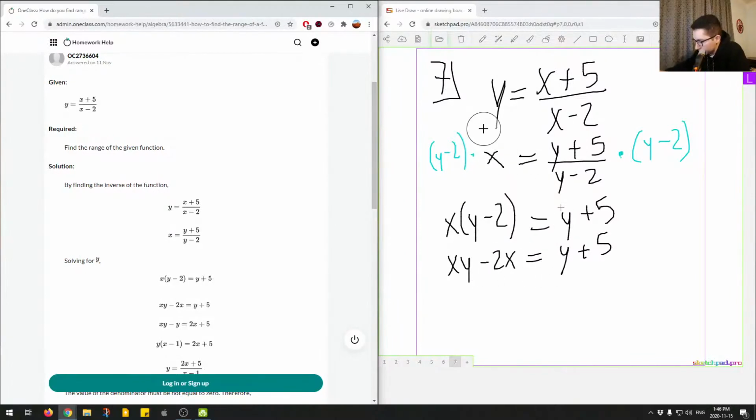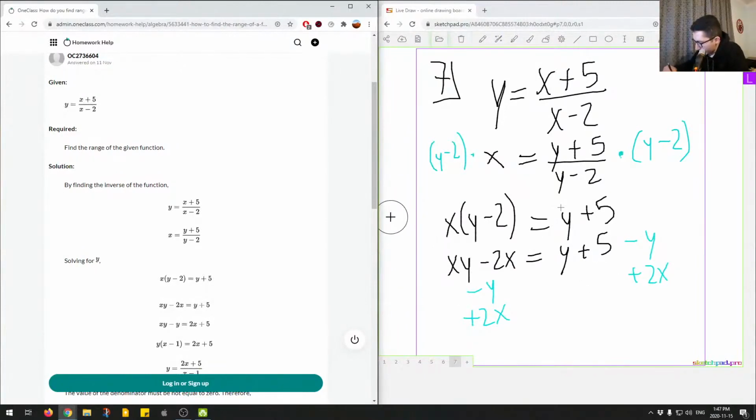So minus y on both sides, and plus 2x on both sides. We're still at the same equation because we're doing the same to the left side and right side. That doesn't change the equation. We're just trying to eliminate some terms and make sure the y's are on the left side.